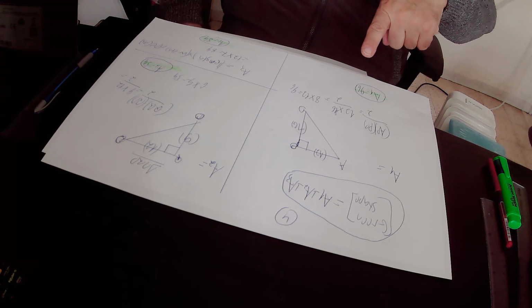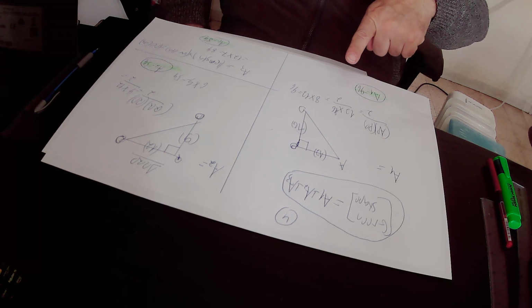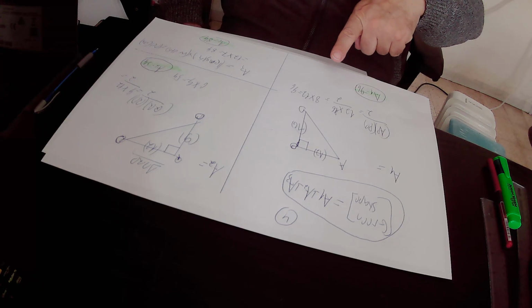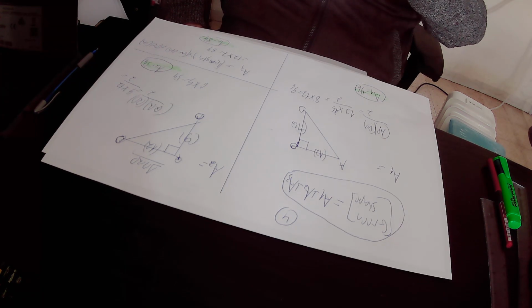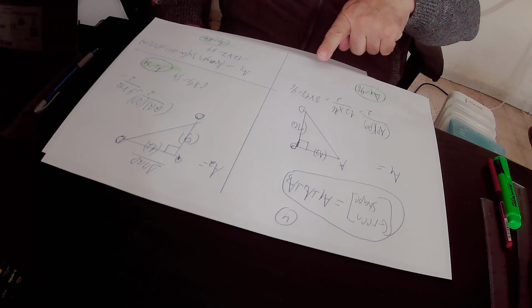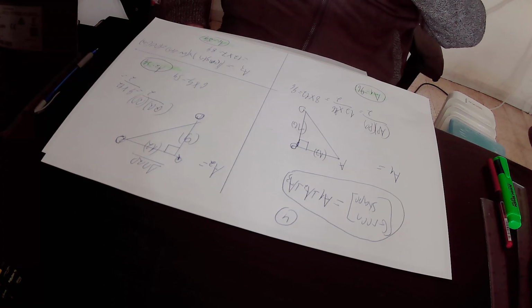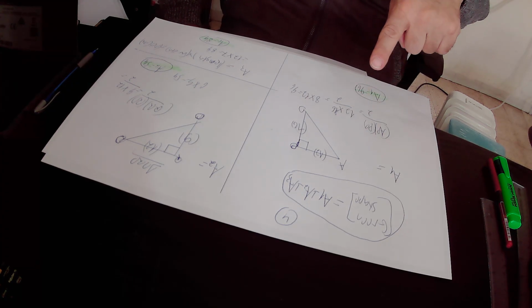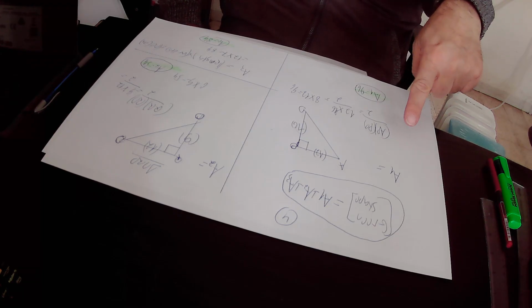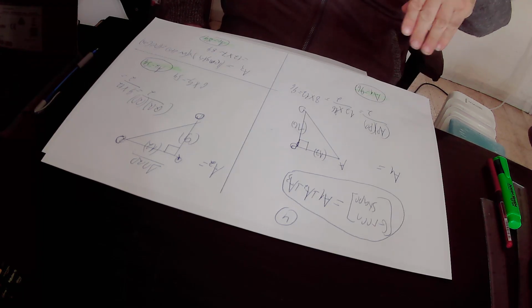AP is 12, PO is 16, over 2. 16 over 2 is 8, so this equals 8 times 12, which is 96. So the area of this right triangle APO is 96, therefore A1 equals 96 square units.